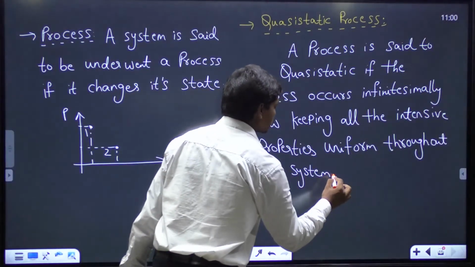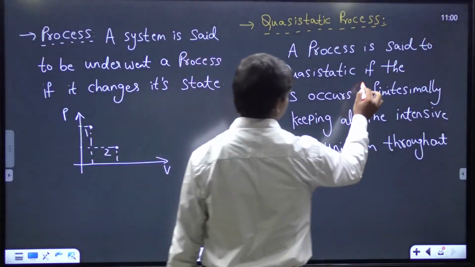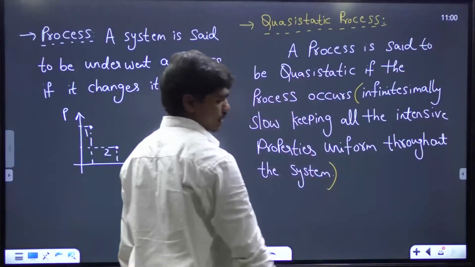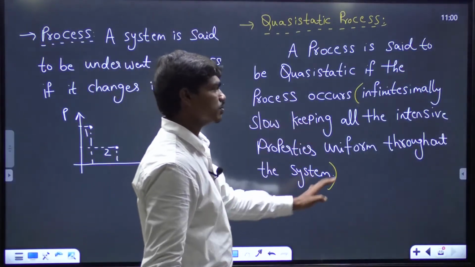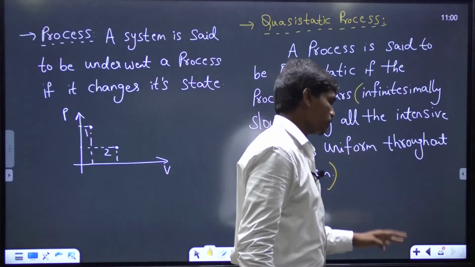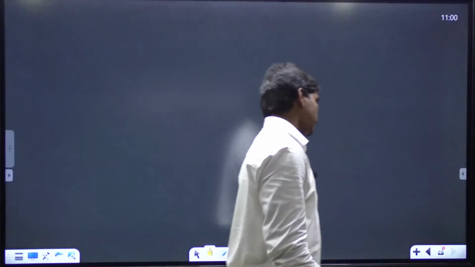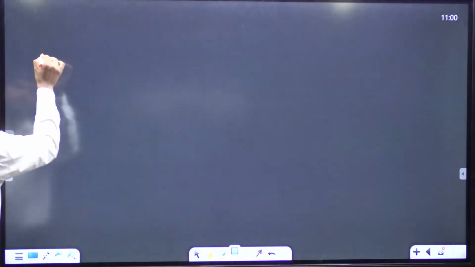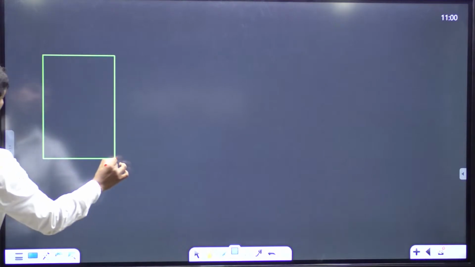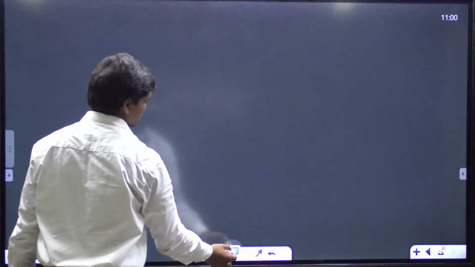Now let us talk about this definition in a closer manner. Infinitesimally slow, keeping all the intensive properties uniform throughout the system. Why are all the intensive properties to be uniform? Let us see here. Now let us consider a piston cylinder arrangement. Or else let me draw with the help of lines for you.